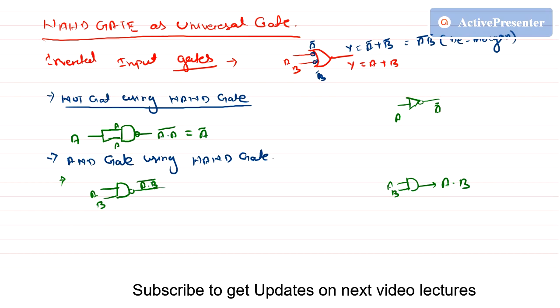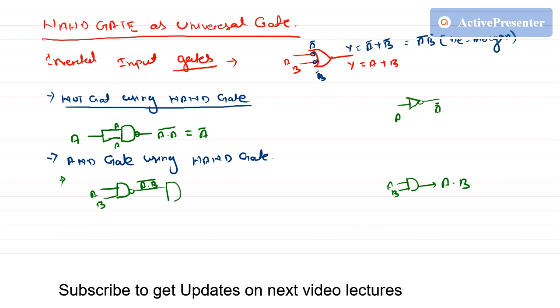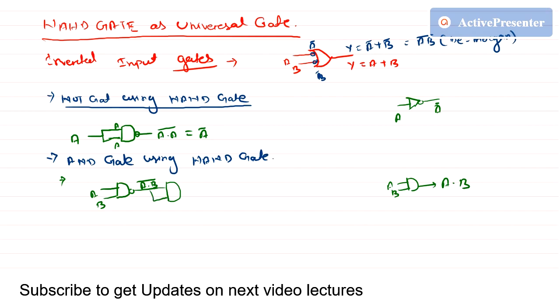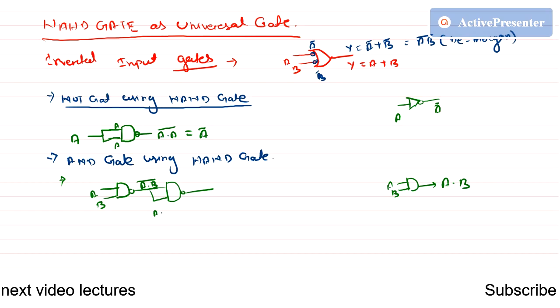Okay, now if I connect like this, then what will happen? Here A dot B bar, and here also A dot B bar.